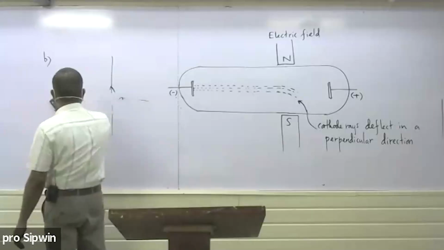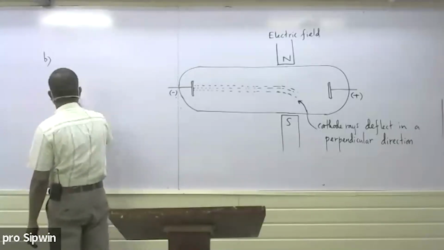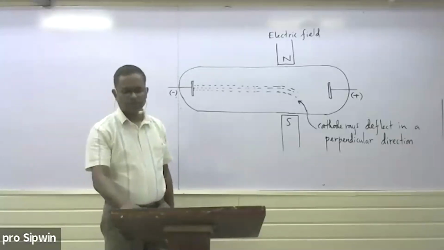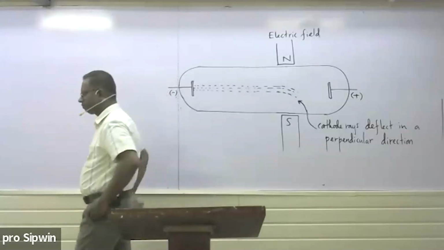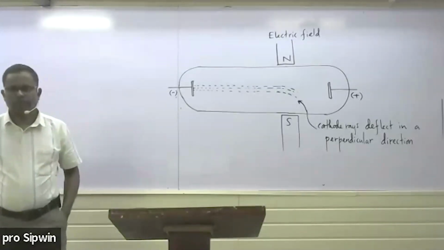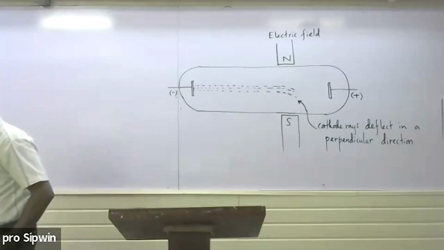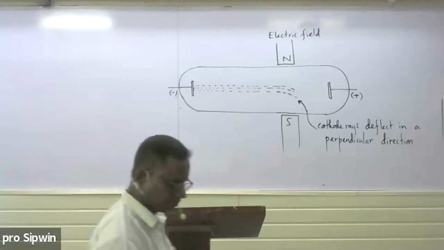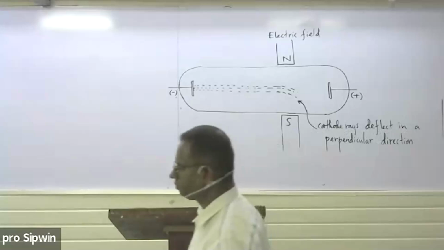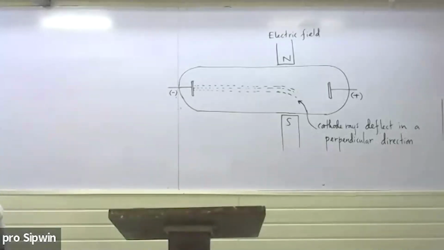When cathode rays pass through the magnetic field, they deflect in a perpendicular direction to the magnetic field.